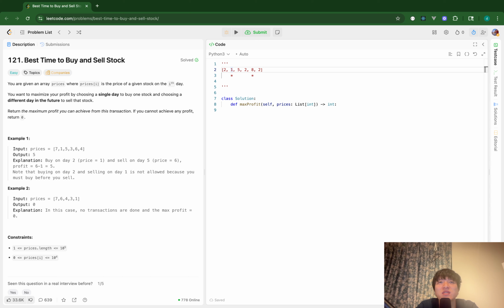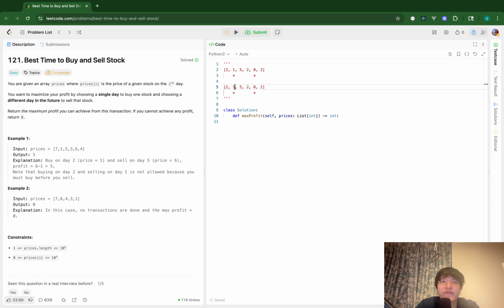So I can just say I should buy the stock at the cheapest price 1, and then sell it at the highest price 8. So the gap should be 8 minus 1 is 7, which should be returned. Okay. As I said, this is a fortunate example.